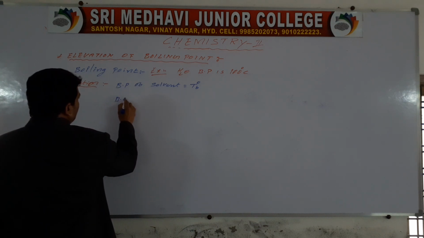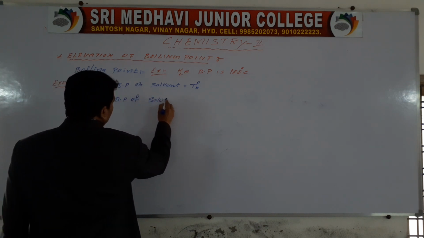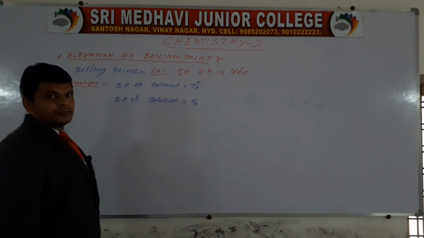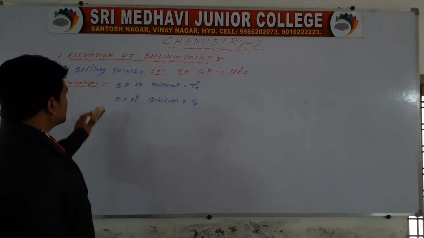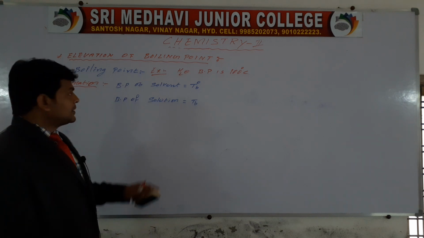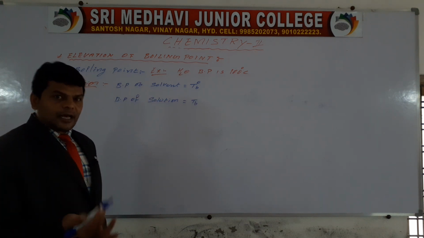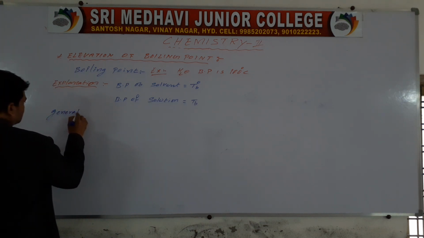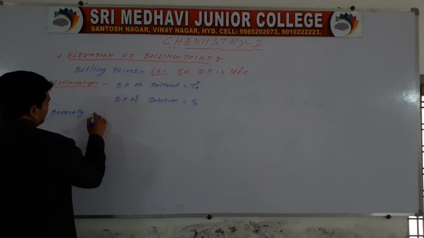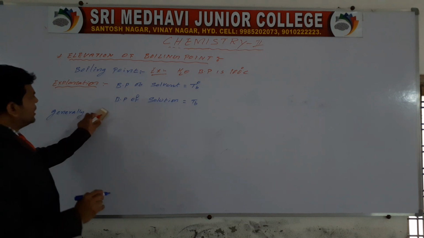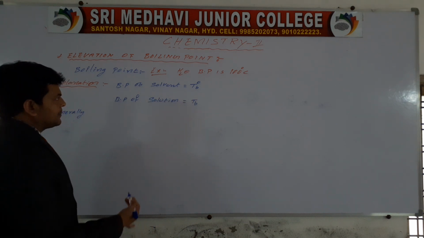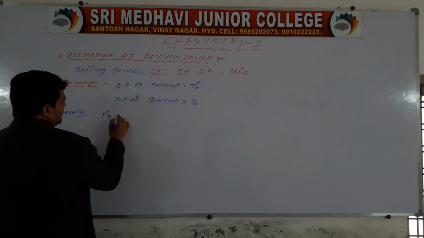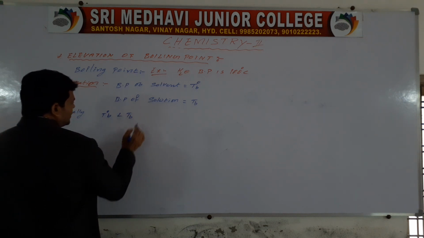Then the boiling point of the solution is TB. Which boiling point is higher, the solvent's or the solution's? Generally, the boiling point of the solvent is less than the boiling point of the solution, so T naught B is less than TB.